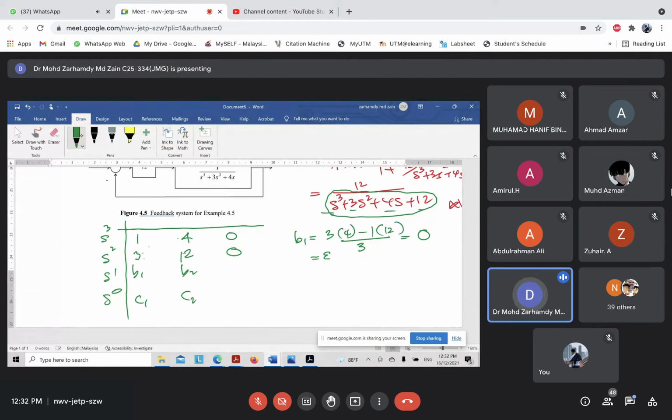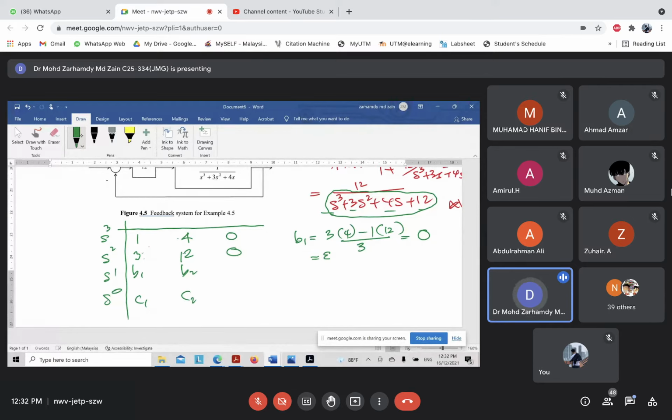The original value of B1 is 0, but because we are looking for C1, we assume B1 is epsilon. Anything, epsilon, sigma, any symbol you like.